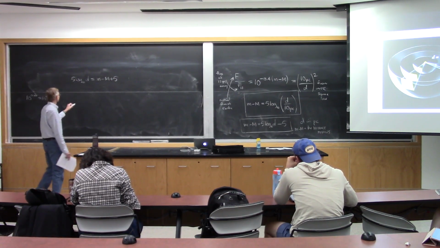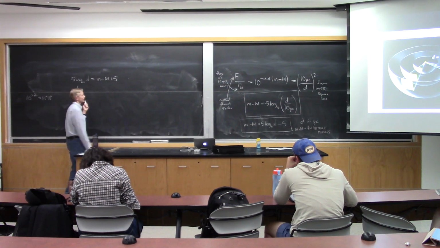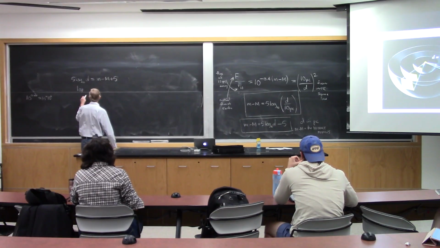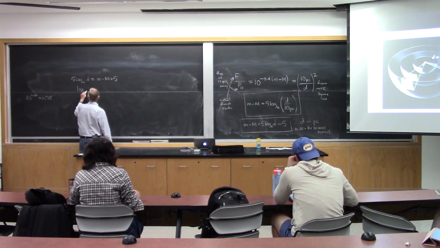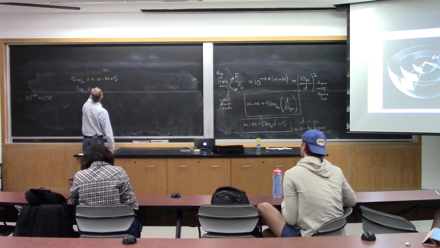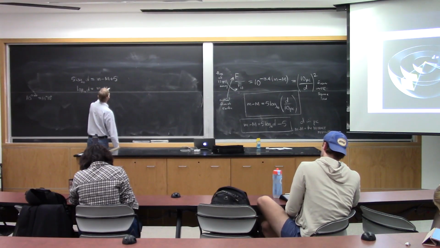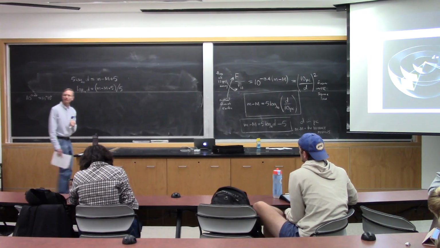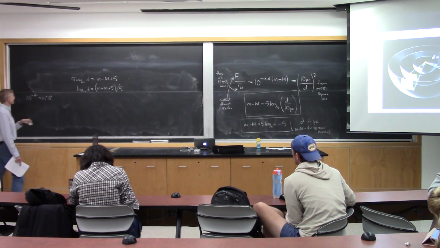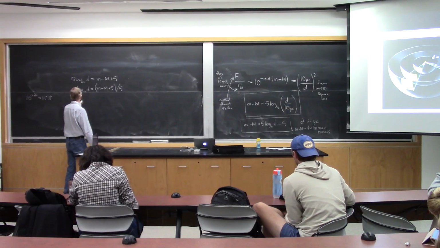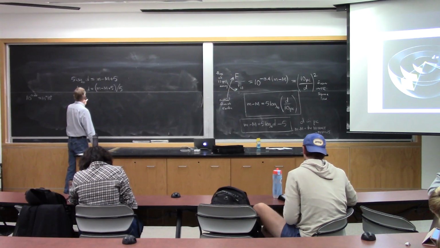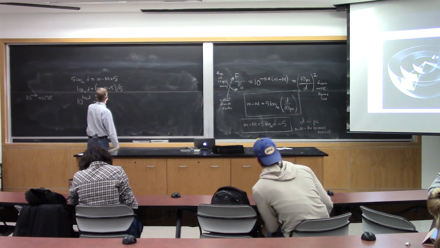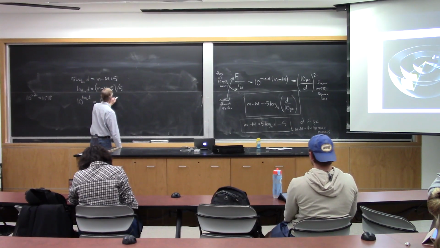Okay, so let's first solve for log d and then raise everything to the power of 10. So log d is little m minus big M plus 5, divided by 5. Now take 10 to the power of both sides. 10 to the log d is equal to 10 to the power of little m minus big M plus 5, divided by 5.